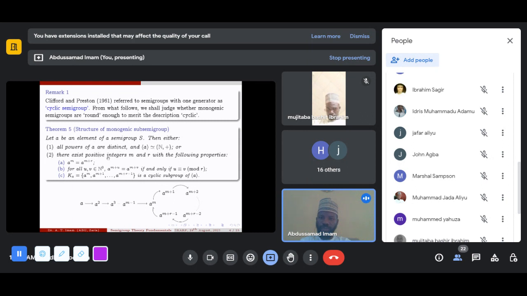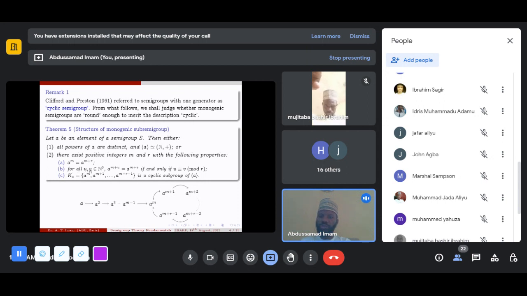So there exist positive integers m and r with the following property: a to the power m is equal to a to the power m plus r. It means the sequence will start with a square, a cube, a4, up to am, and then am plus 1. And after you reach am plus r, you are back to am, which means the sequence will start repeating after some time.